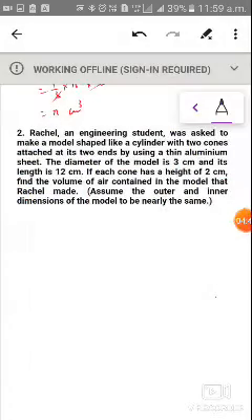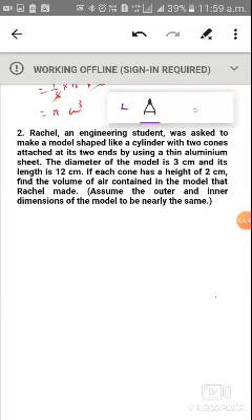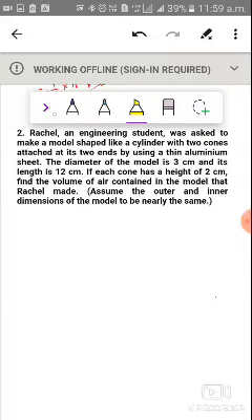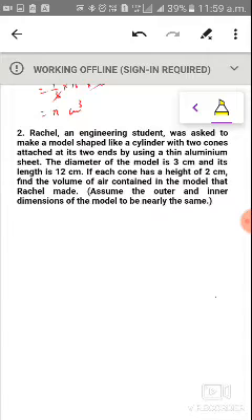Okay, now question number 2. So in question number 2, what we are having, Rachel, an engineering student, was asked to make a model shaped like a cylinder with two cones attached at its two ends by using a thin aluminum sheet.